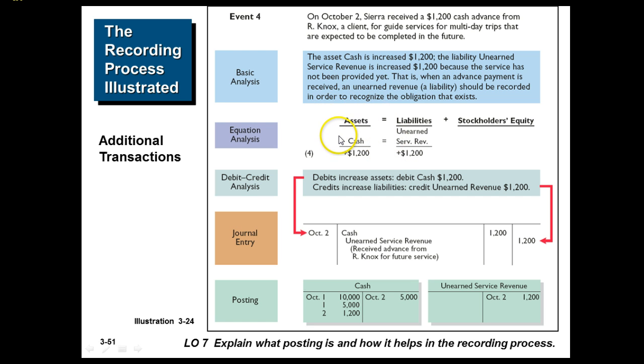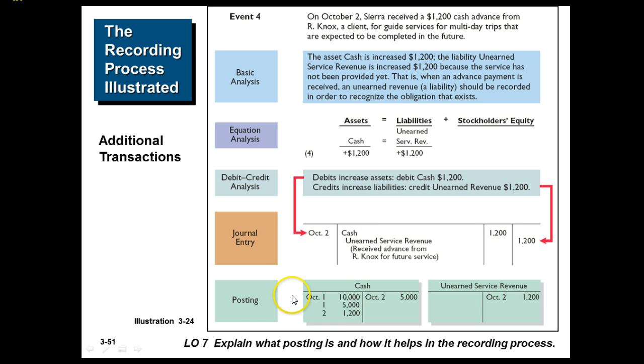So we sit there and think through what's involved, what accounts are involved, what's going to happen to those accounts. So we kind of think, okay, what's being debited, what's being credited. Then when we go and record the journal entry, we're always going to record our debit accounts first. And then once we have journalized these transactions, we will then post them to the various accounts that are involved.